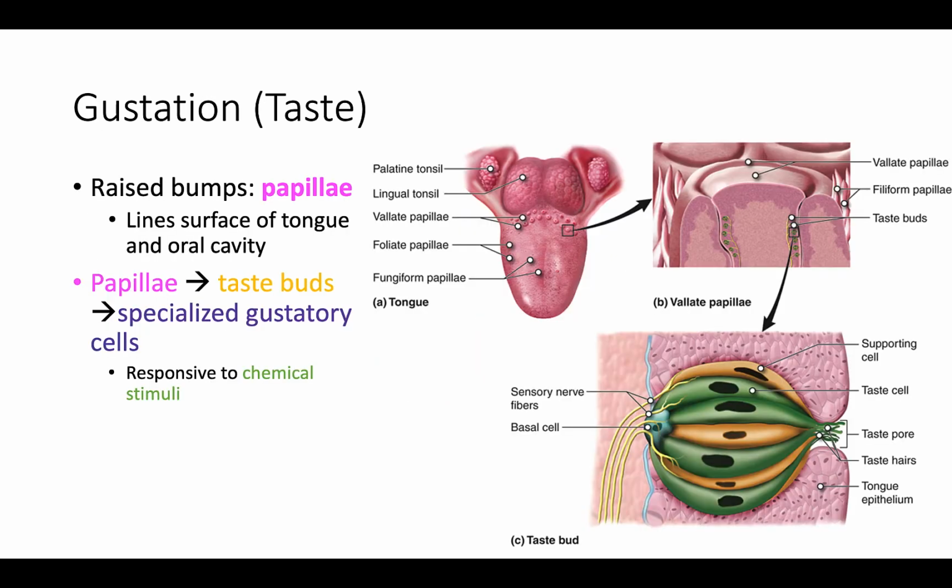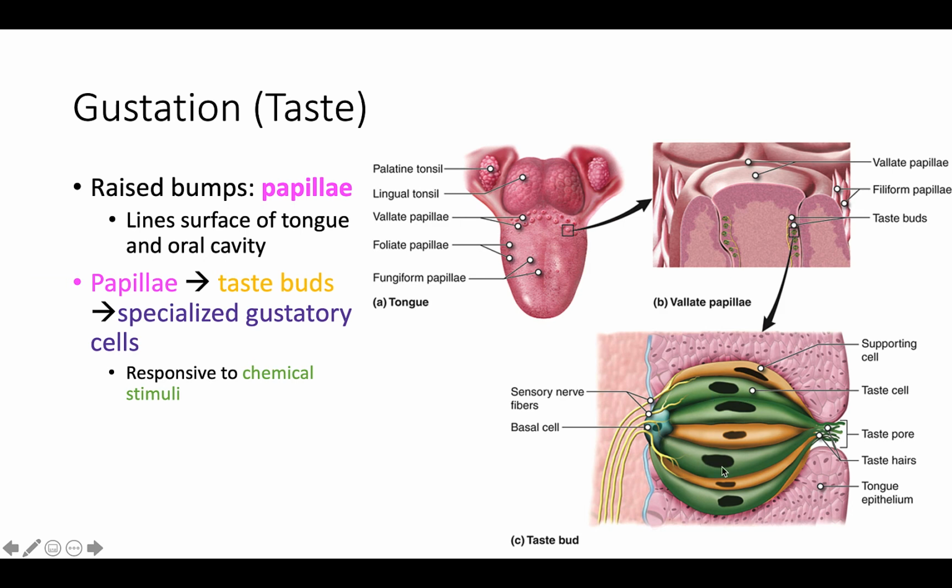So when it comes to gustation, we have your tongue and your mouth that are covered with these little raised bumps called papillae. There are different types of papillae, and they contain taste buds. So this is a papilla, and then they cross-sected it, and they have little taste buds inside the papilla. And inside these taste buds, we find the gustatory cells.